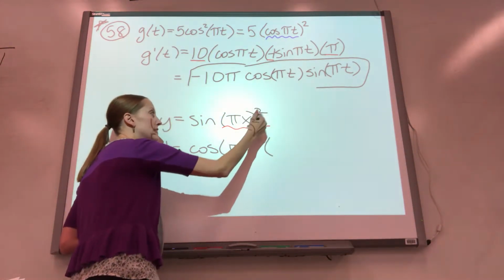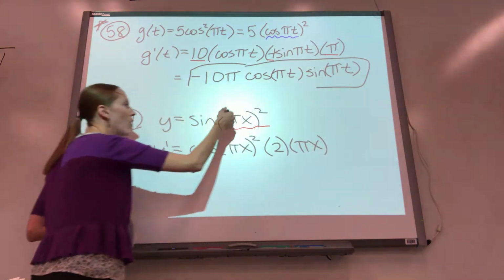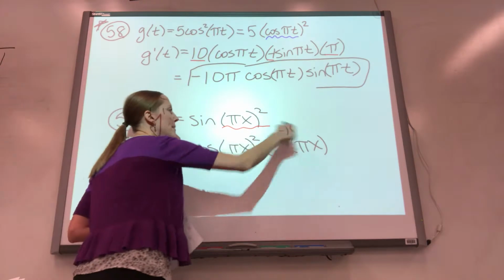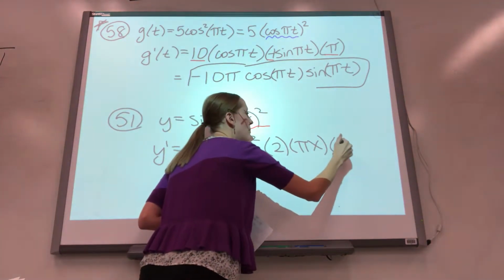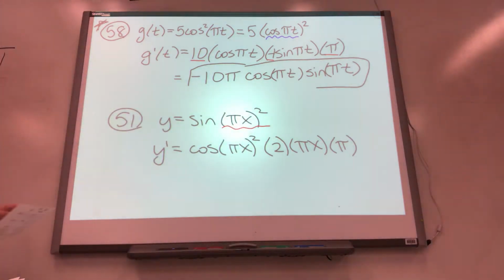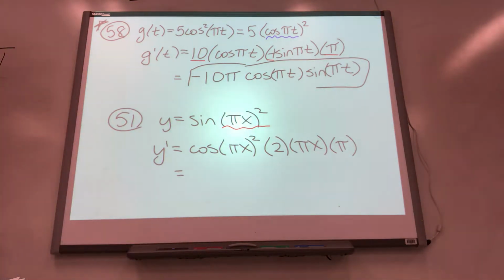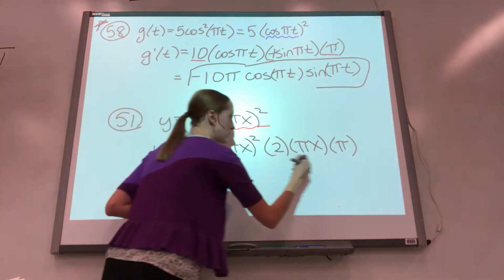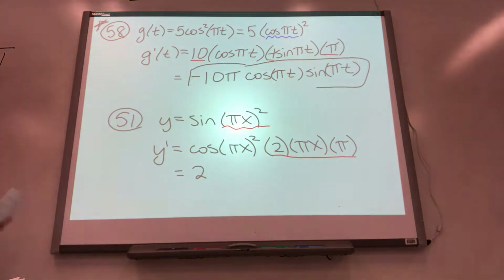So for this, I need the original chain rule. I'll pull the 2 out front, make this quantity to the 1 less, and then come back and take the derivative of the part that was in parentheses, which is just pi. And here's how I wrote all of that stuff together. You have a 2.